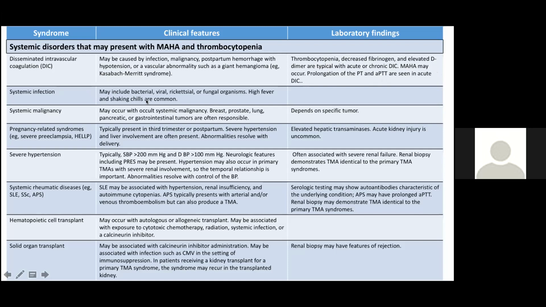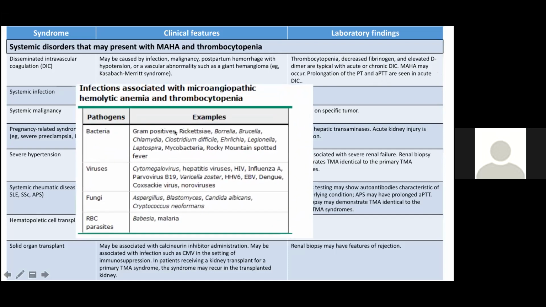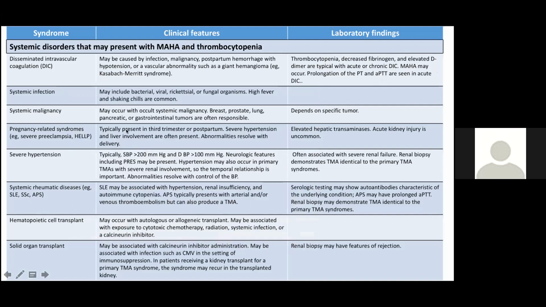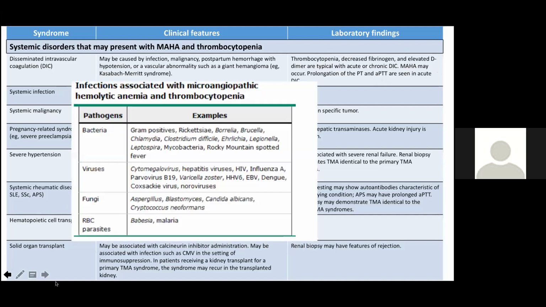Systemic infections. These are the infections: gram positives, bacteria, Rickettsia, Borrelia. With dengue, you can get microangiopathic hemolytic anemia and thrombosis, and leptospira, the common infections in our country.